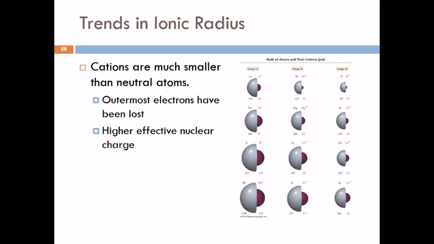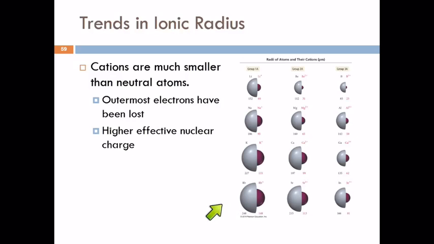So trends in ionic radius, I kind of alluded to this earlier. Cations are much smaller than the neutral atoms. And here we show the atom and its cation. And you can see that the difference is quite significant.